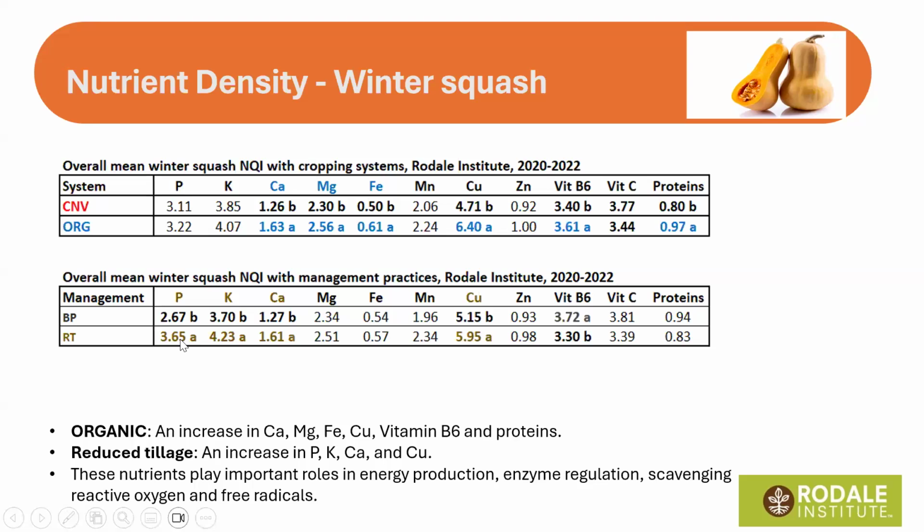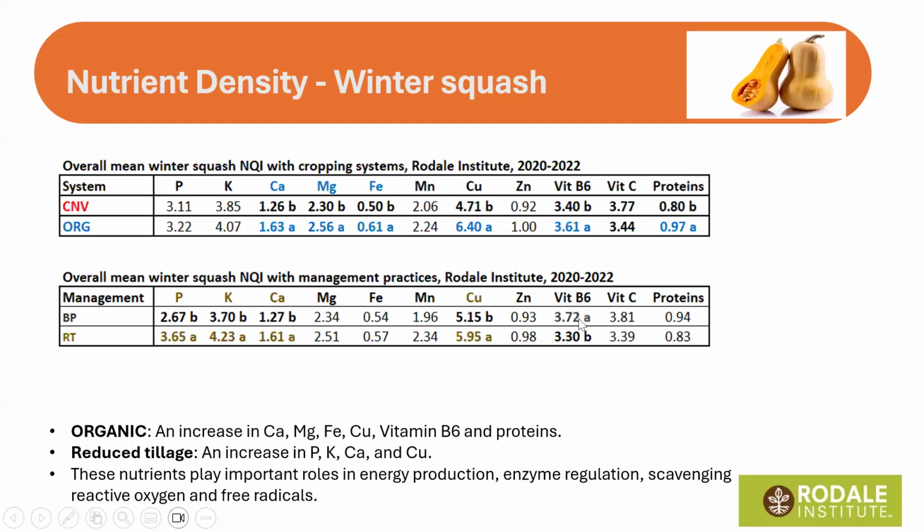And that could be due to soil microbes that are available, like fungi that are expanding their mycelia and bringing more of those nutrients to the crop. And so that could be more in the reduced tillage than in places where we have intensive cultivation throughout the season. Similarly, potassium is increased and calcium here is increased in the reduced tillage, and copper.